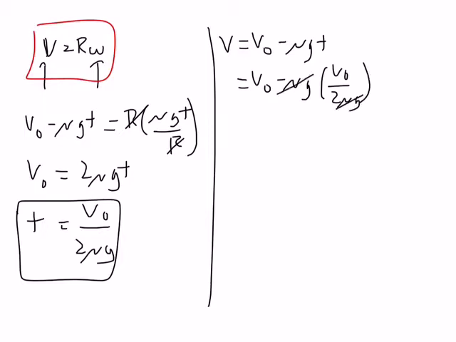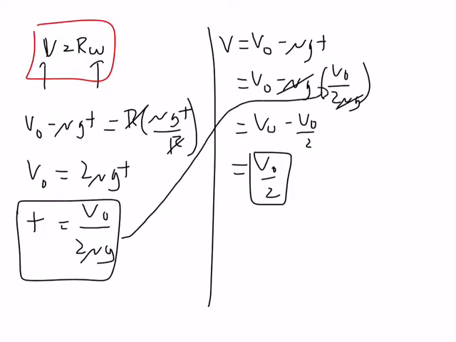So we can cancel the mu g's, so V naught minus V naught over 2, so V naught over 2. Right, this one, I think, if you get the time right, is fairly straightforward. And again, if you get the time wrong here, whatever you get there, just plug it into this, right? Your goal is to find your velocity at that time, and so that's just plug and chug. You have to recognize that that's what you're doing. If you get the time wrong, fine, but plug it into your velocity function, whatever that was from before.